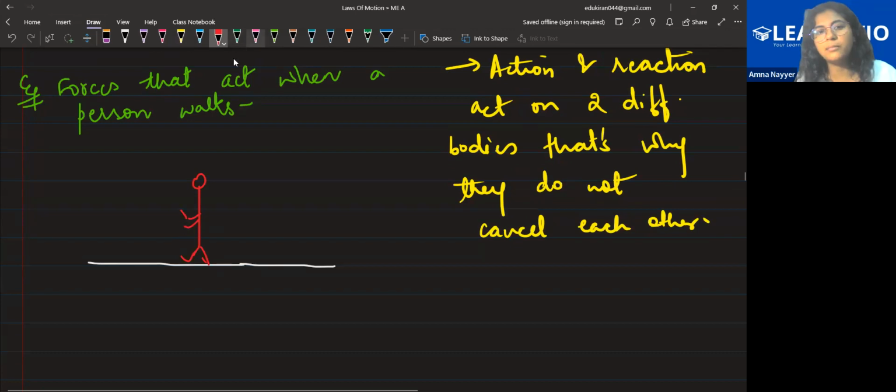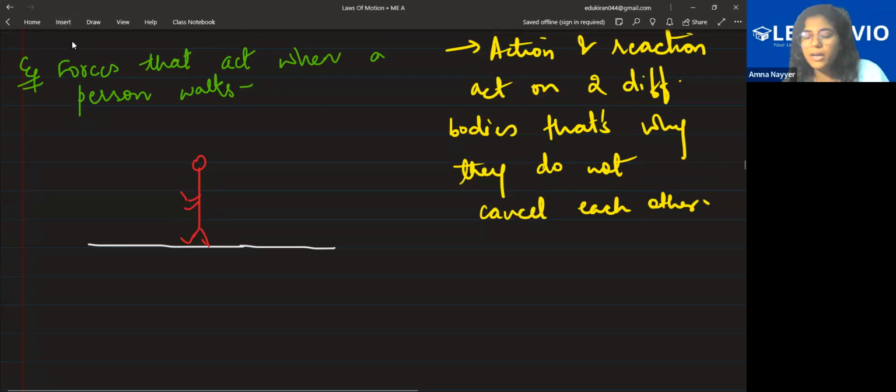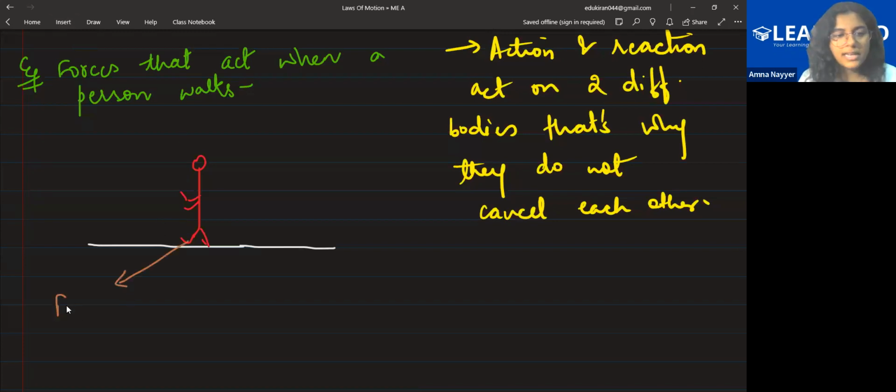We are concerned with that. Look, when the person does a heel strike, meaning when the person's heel strikes on the ground, a force is exerted on the ground.